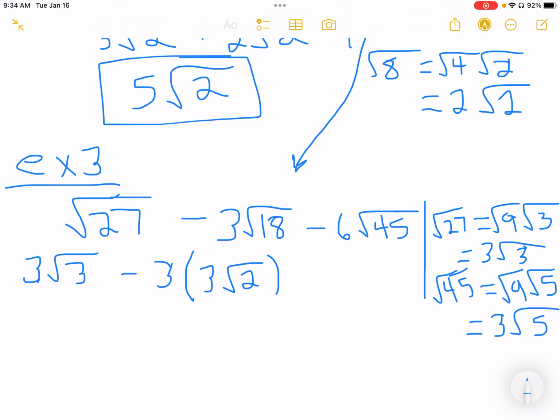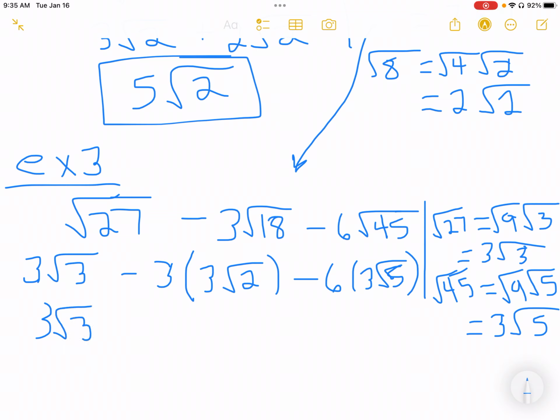And so then you just have minus 6 times 3 root 5. And then simplify from here. And then I have 3 root 3 again.